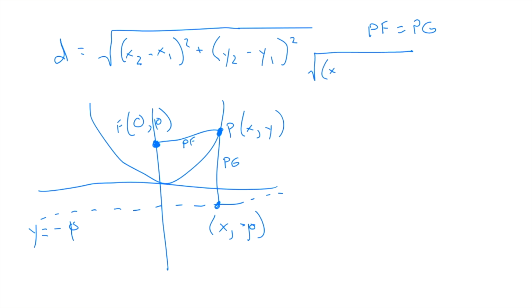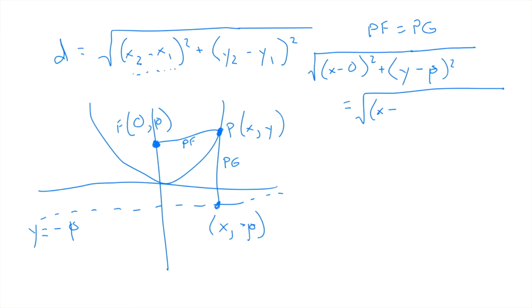It's x minus x1, that's this first point, x minus 0 squared plus y2, that's y, minus, I'm just using the formula, the first point, that's p, squared equals, sorry, this is taking two lines, equals, and now do this. So my first point, x minus, just following the formula, minus 2.